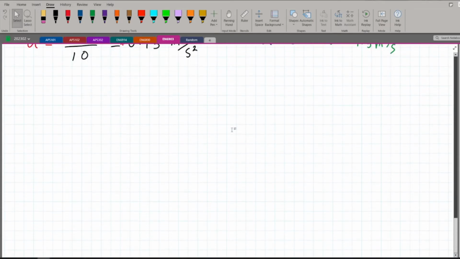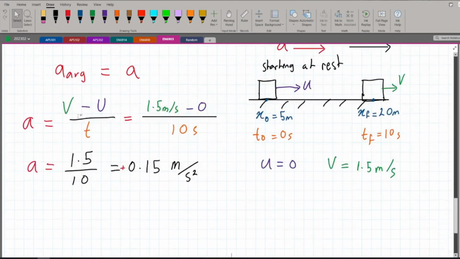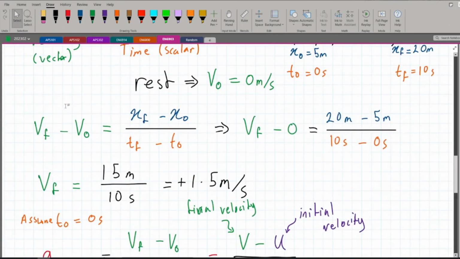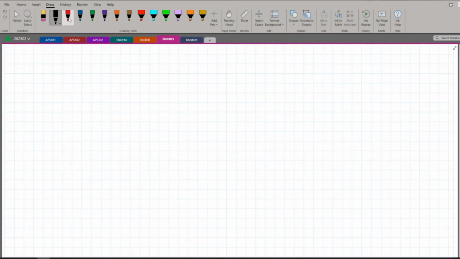So let's just do a quick recap now. The first thing we said is velocity is the change of displacement over time. So delta v, I'm going to mention it as delta v, is equal to delta s, where s is the displacement, over delta t.